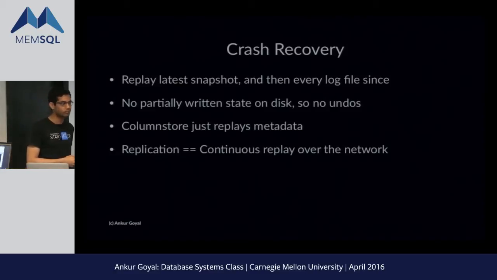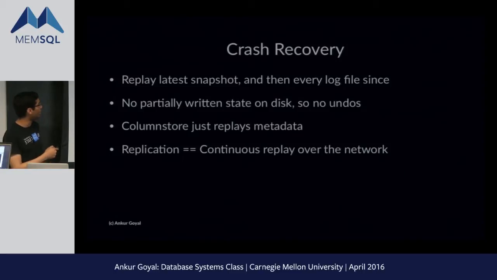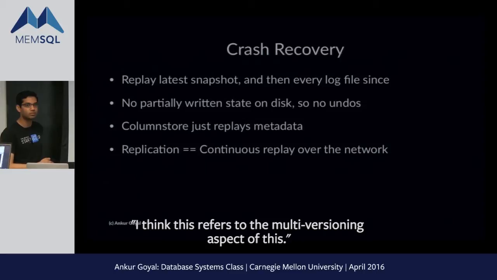So during the recovery, do you recover multiple version data or just a single version? We only need to recover a single version. There's no partially written state on disk. I think his question refers to the multi-versioning aspect of things.